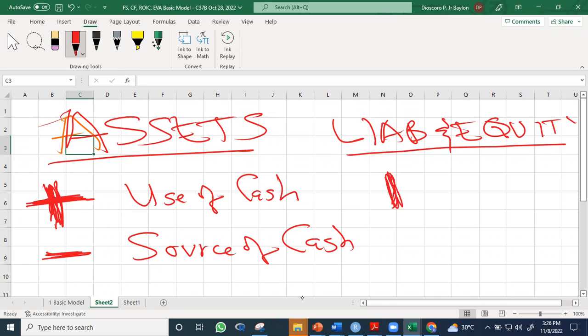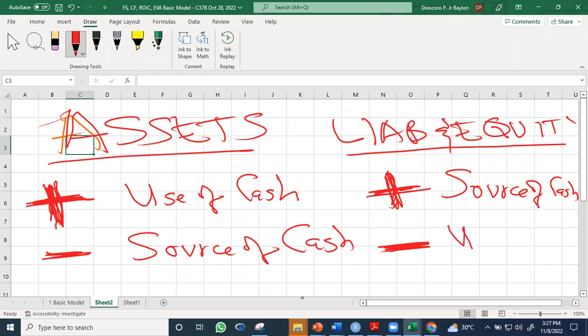And then, ito naman liabilities and equity. Pag nag-increase siya, okay, so take it from the assets. Sa assets, use of cash. Sa liabilities, source of cash. Opposite siya. Okay, and therefore, pag nabawasan yung liabilities, ibig sabihin, nagbayad tayo. Okay, for example, notes payable from 100 naging 60. Ibig sabihin, nagbayad tayo ng notes payable natin.